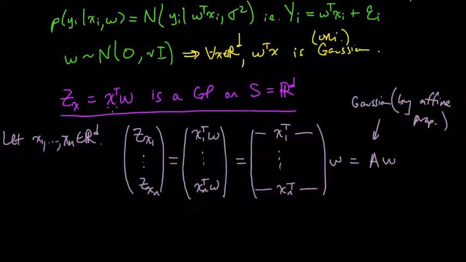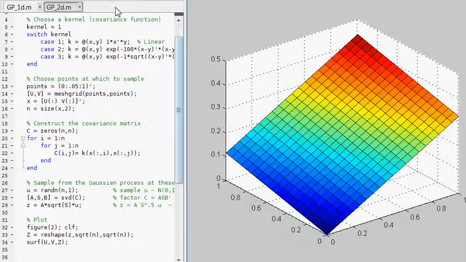This is just a plane. So you might guess that if we were to successively draw samples of W, we would get a different plane for each of these, and that this is the random planes Gaussian process that we saw before.